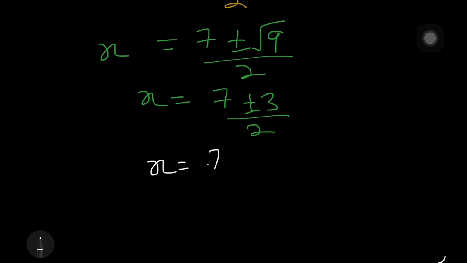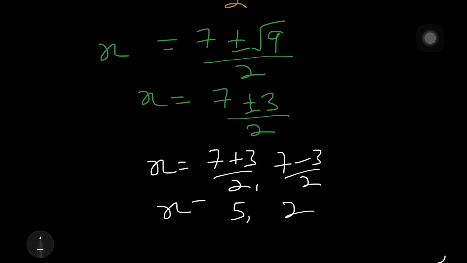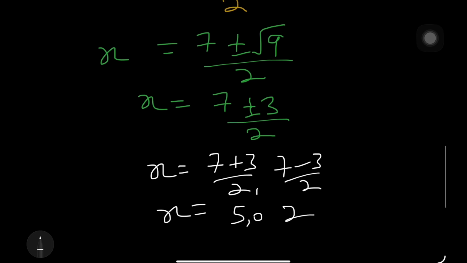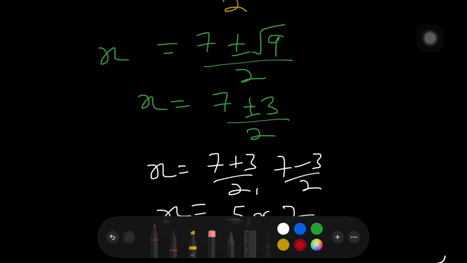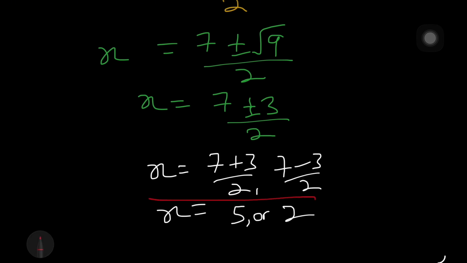So x is going to be equal to 7 plus 3 all over 2, or 7 minus 3 all over 2. This is 10 over 2, which is 5. This is 4 over 2, which is 2. So x is equal to 5 or 2. Simple.